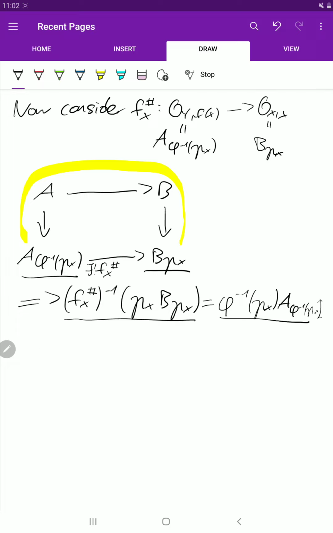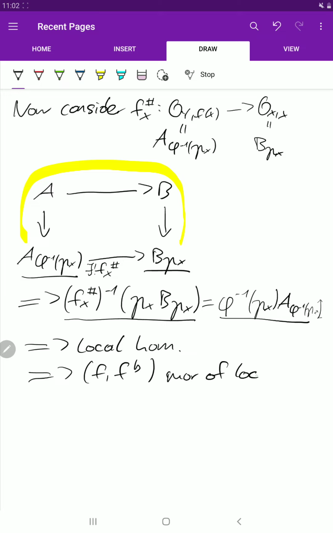Okay, so this tells us that we have a local homomorphism, and therefore the pair (f, f^#) is a morphism of locally ringed spaces, what we wanted.